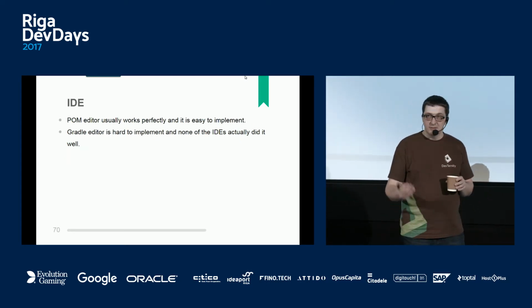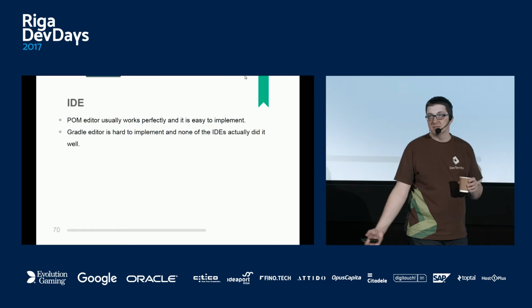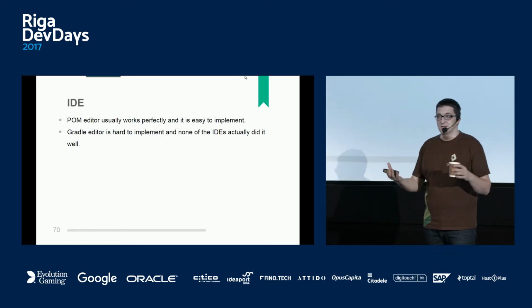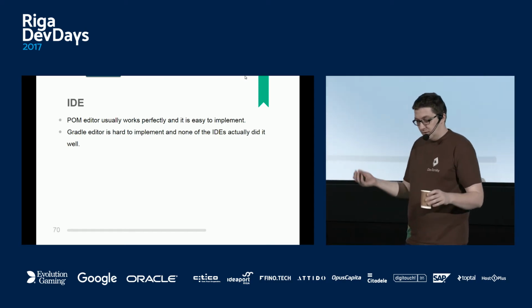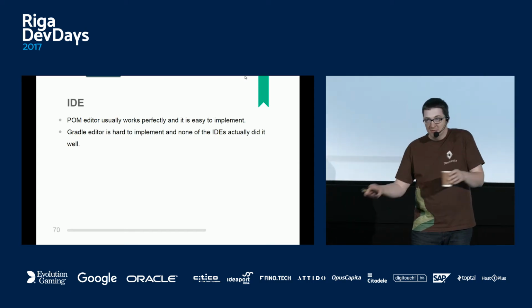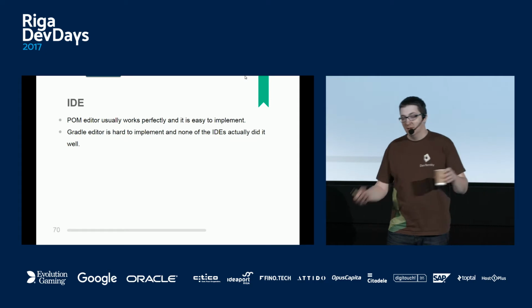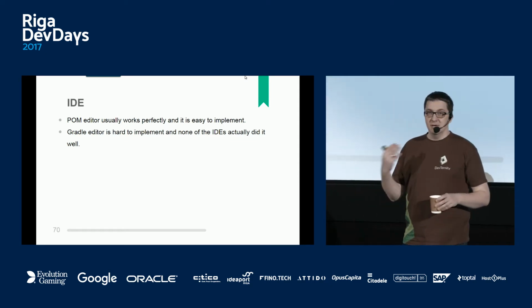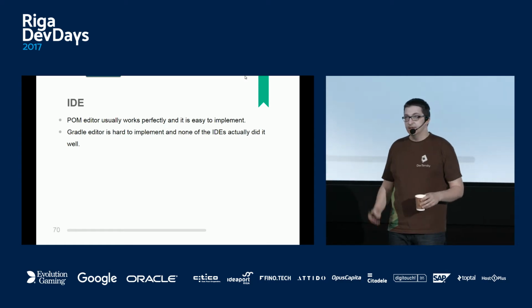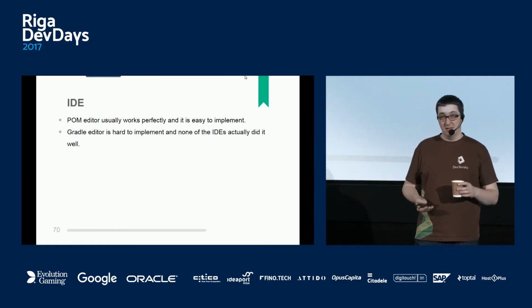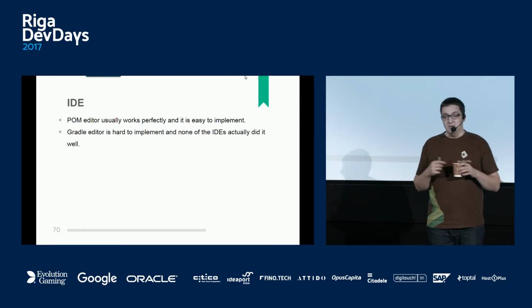And the problem here is basically the language, because POM is XML. It's easy to write an XML editor for anything, because we know the schema, we know what values to expect. To write an editor for Gradle code, for scripting code, for Groovy code, which is highly dynamic and can be highly customized, is really hard.